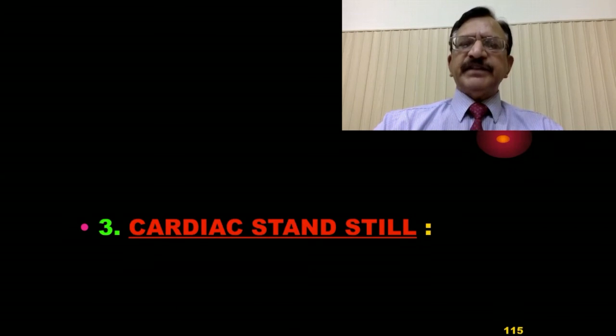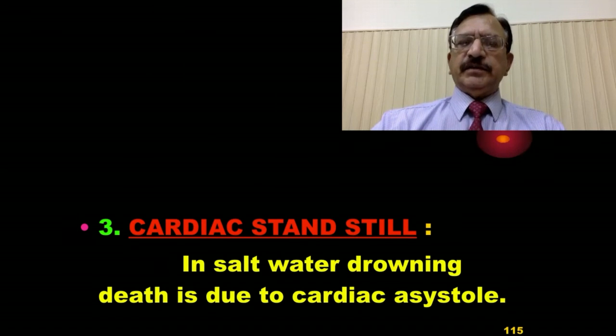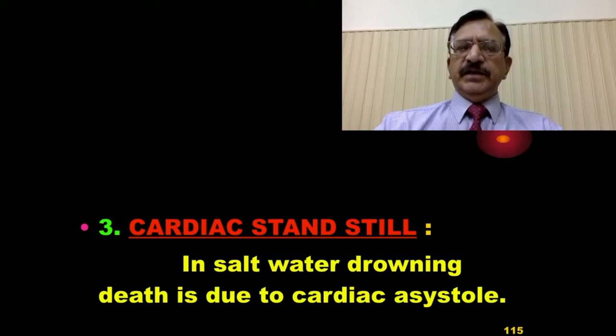Then cardiac standstill, that is in the vagal stimulation, is in salt water drowning. That means when hypertonic water is inhaled, it extracts water from the circulation, and this will cause hypovolemia, circulatory collapse and cardiac asystole.